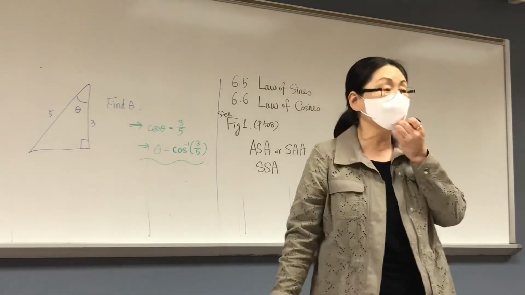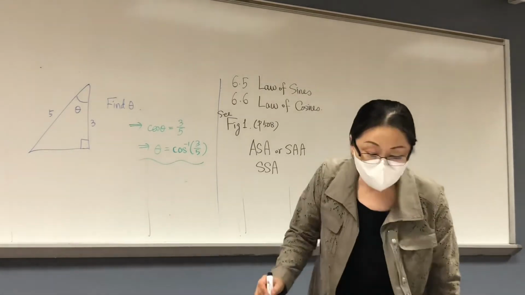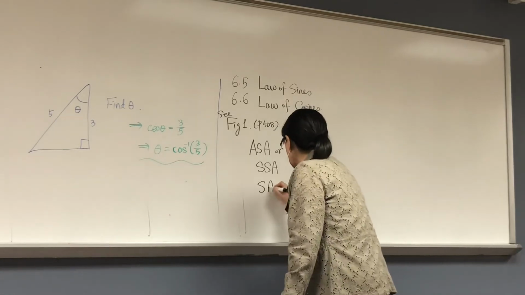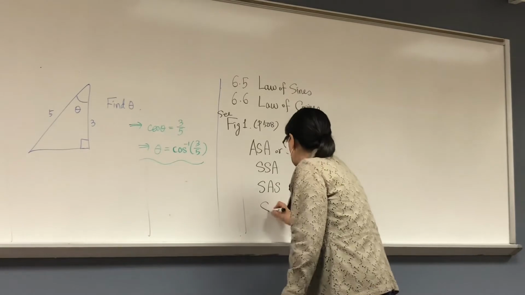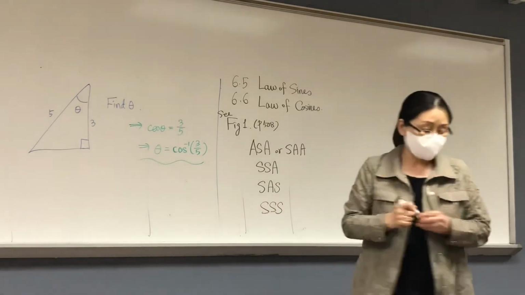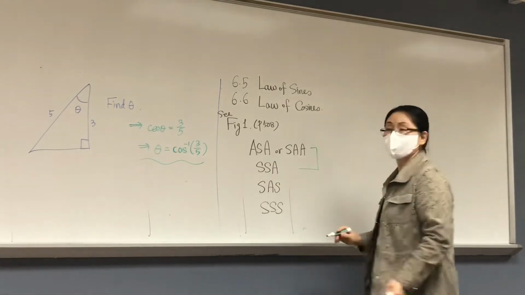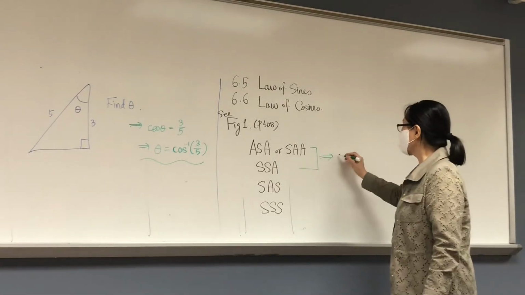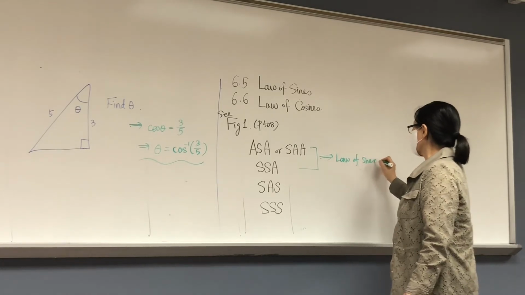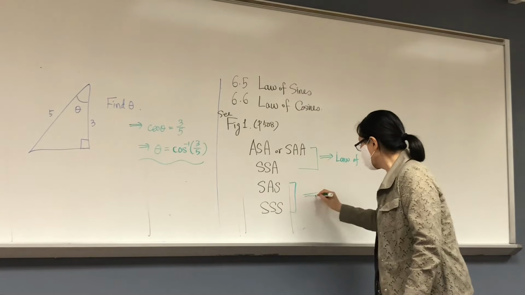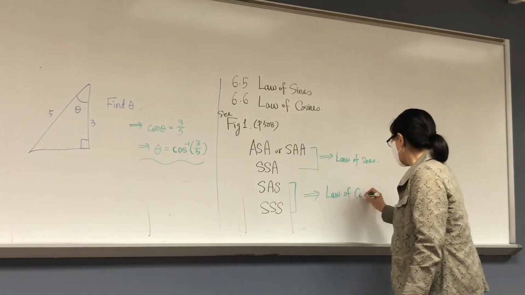A means angle, S means side. Another one, SAS, and another one, SSS. The first two types are used for the law of sines. The other two types you can use the law of cosines.